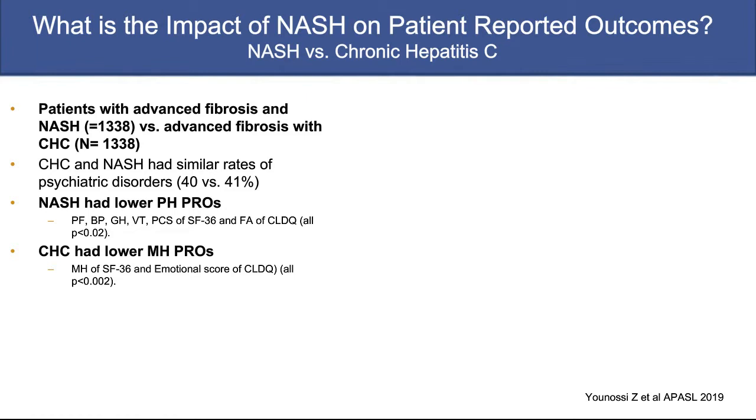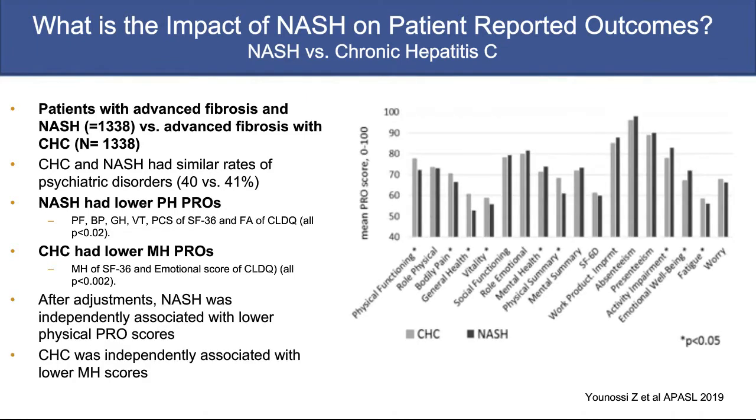This is true even after you control for some confounders: NASH independently is associated with lower physical PRO scores, while hepatitis C was associated with lower mental health PROs. And that, of course, is counter to the argument that NASH is an asymptomatic disease, because as you can see with a validated questionnaire, these patients do suffer from quite a bit of quality of life impairment.